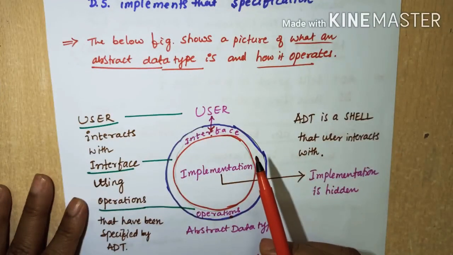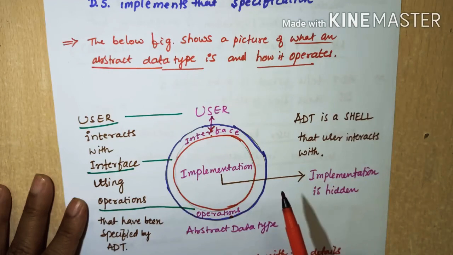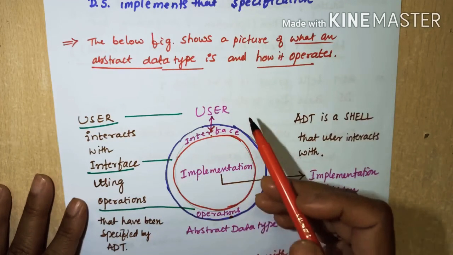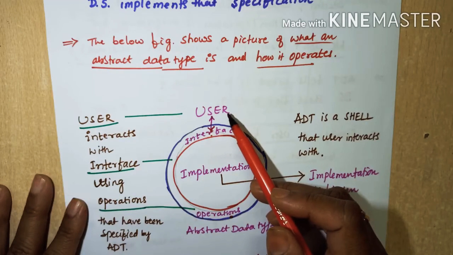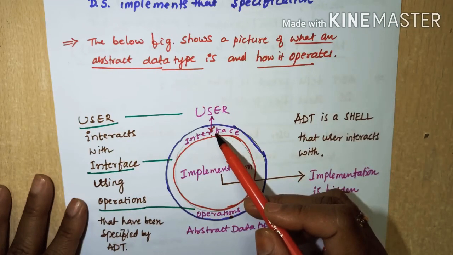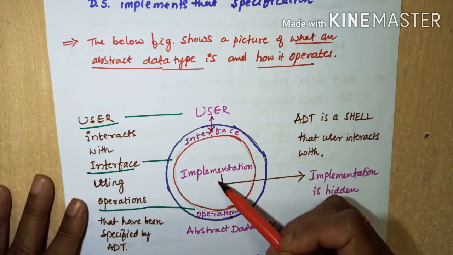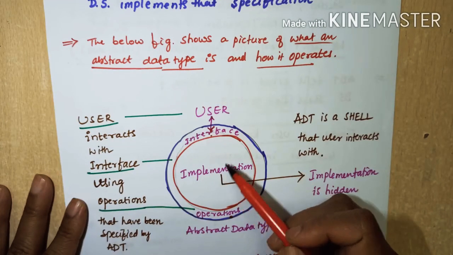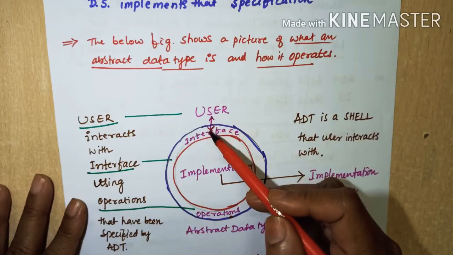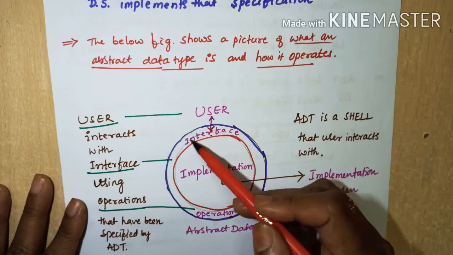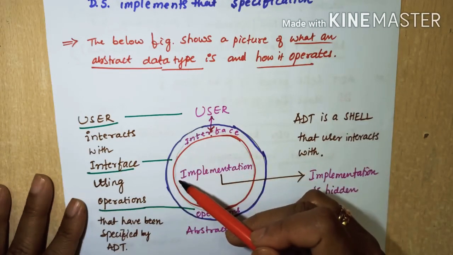Look at this figure. This clearly indicates how an abstract data type works or how it operates. Look at the part of the user. The user is at the outside, the inside part is the interface, and further inside is the implementation. The user always interacts with the interfaces using a set of operations.